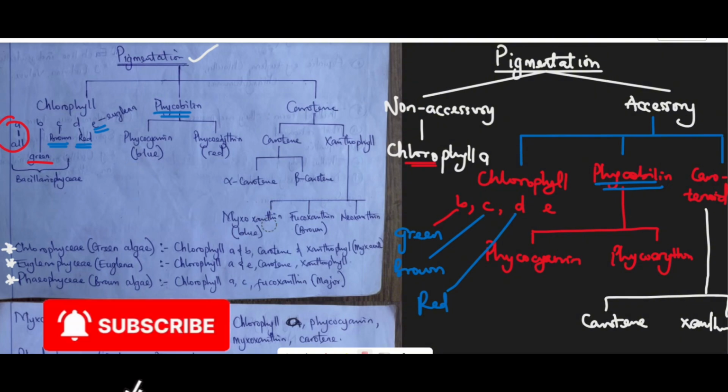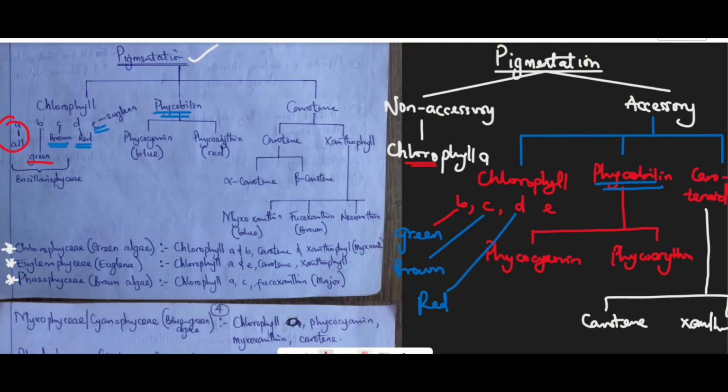That makes sense, right? So if I'm picking my pigment for blue-green algae, which are the Cyanophyceae, I must put phycocyanin. Next, we have phycoerythrin. Phycoerythrin must feature as red, and the red algae are the Rhodophyceae. So phycoerythrin must be part of their pigments, right?